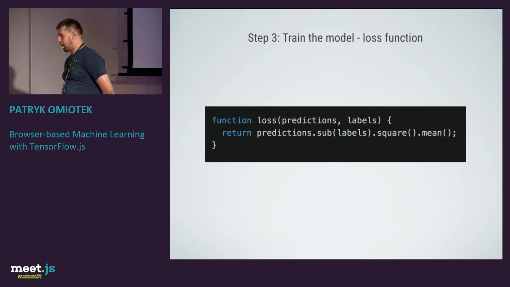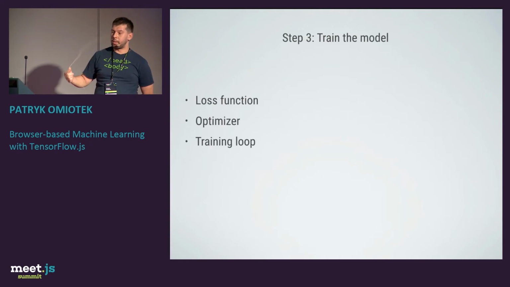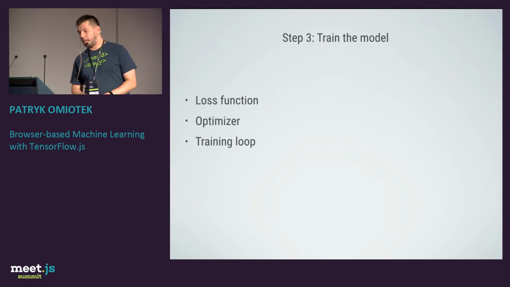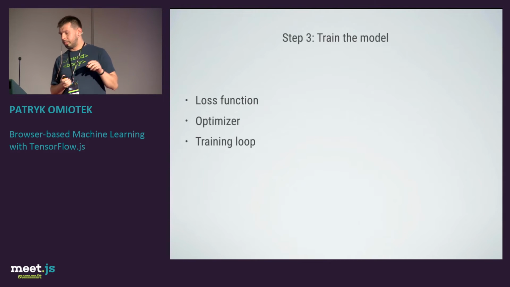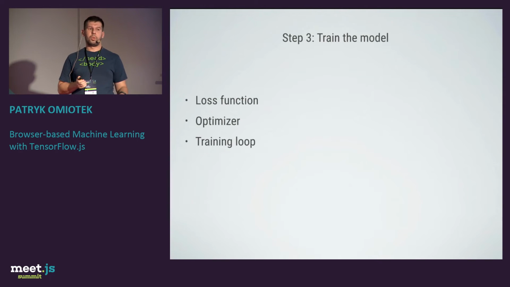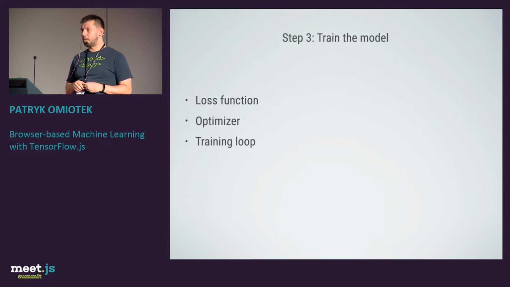To do this, we need to define three things. The first one is our loss function, which will measure the difference between our values and predicted values. For this, a squared error is used, for example. Then an optimizer function, which will be decreasing our loss, because less loss is better.